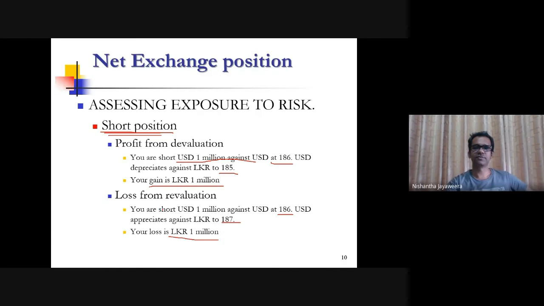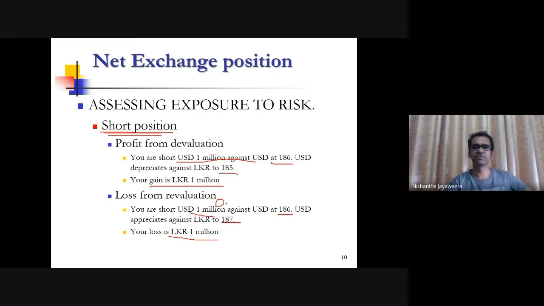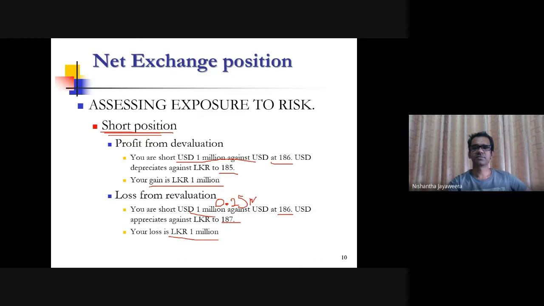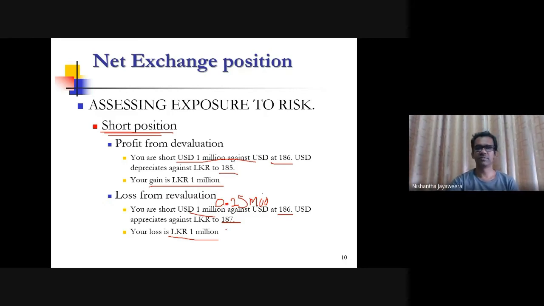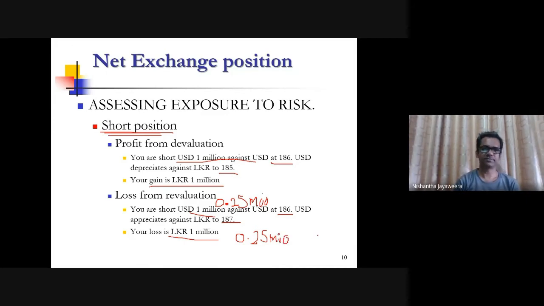That's because your position was 1 million. If it was 0.25 million, what is the loss? You had a 0.25 million short position in dollars and the dollar appreciated by 1 rupee, then your loss would be 0.25 million rupees.